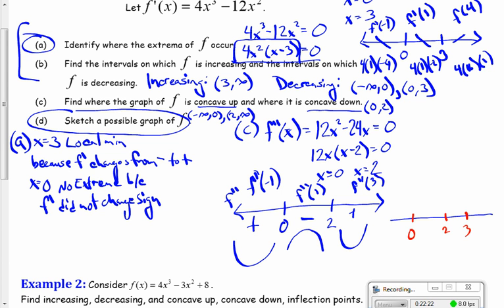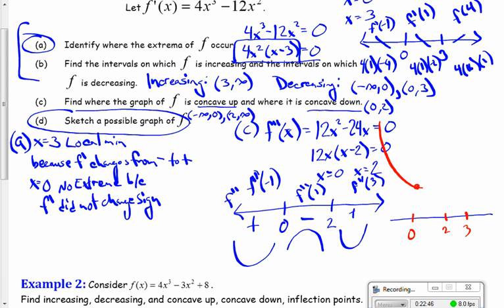It's falling from negative infinity to 0, and it is concave up. The height of this graph doesn't matter that much. It can be down below the axis if you want it to be. So from negative infinity to 0, it's falling and concave up.